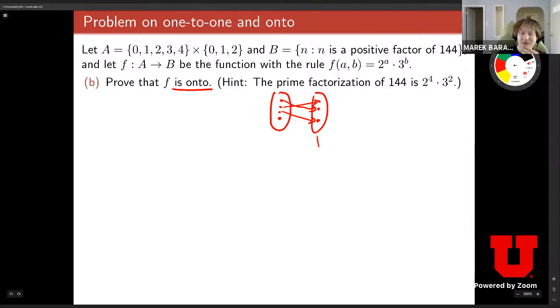So there's an element in A that gets mapped to every element in B. So when we write that formally, we say for all b in B, there exists (a, c) in A such that f(a, c) equals b.